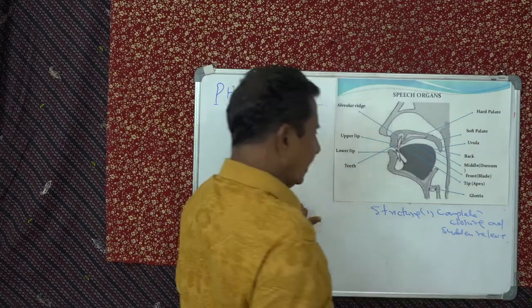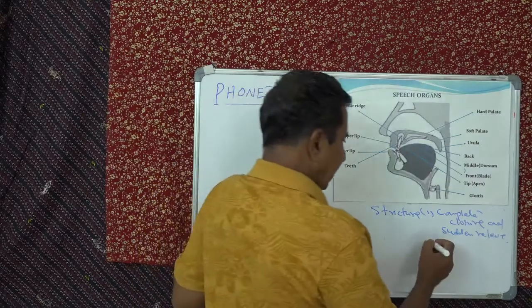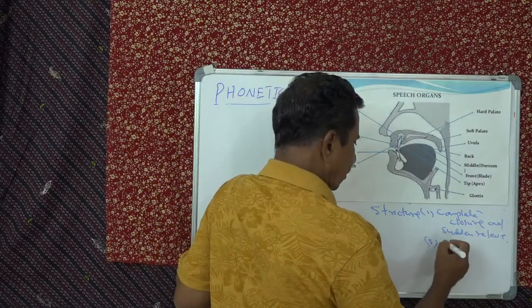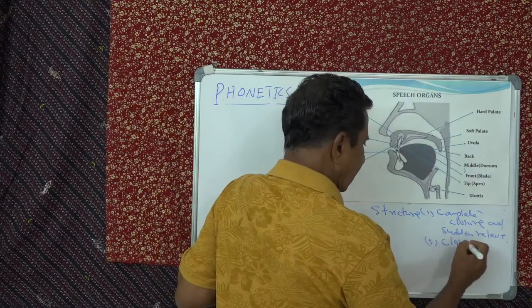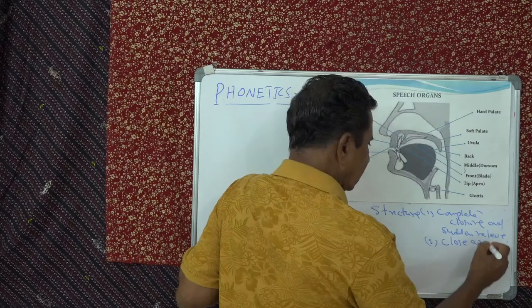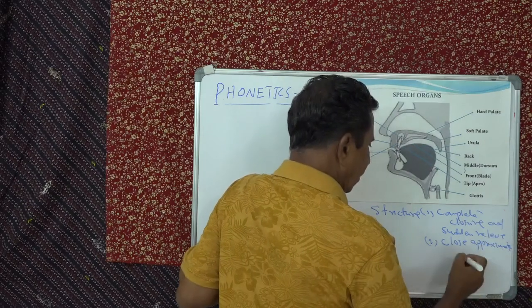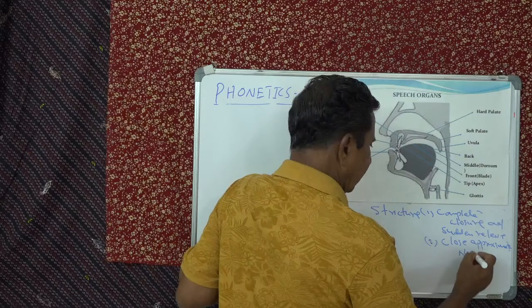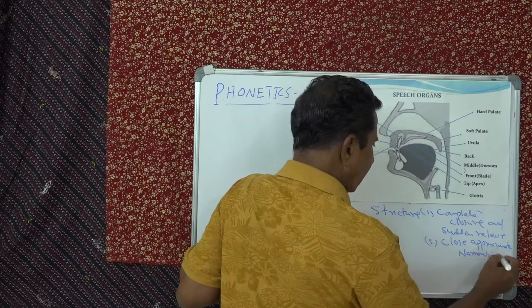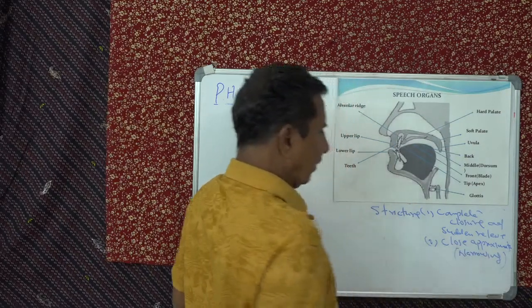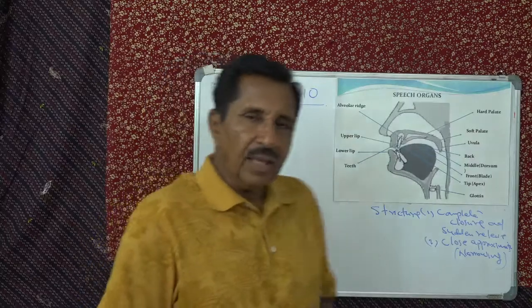That is the first stricture. Second stricture we have seen is narrowing or close approximation. Or you can say narrowing the air passage.